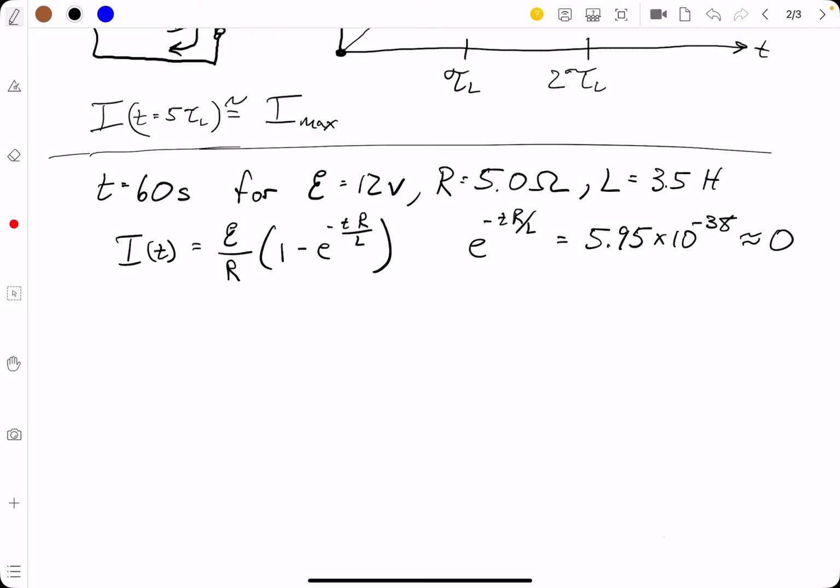But if you were to do 1 minus that, you essentially get 1 minus 0 is 1, if you were to do that in your calculator. So our I of t is equal to I max, and our I max happens to be our EMF over R, and that is 2.4 amps.